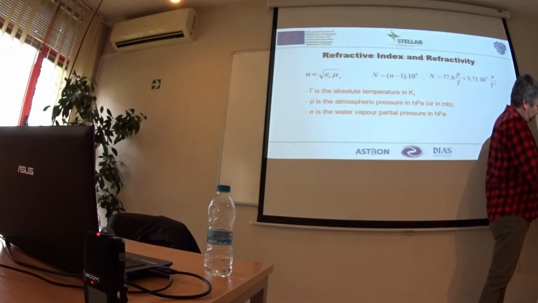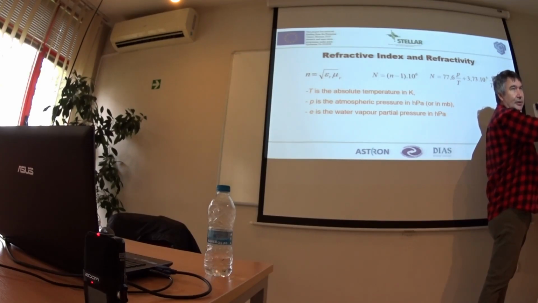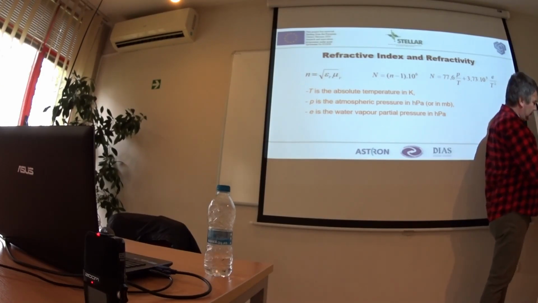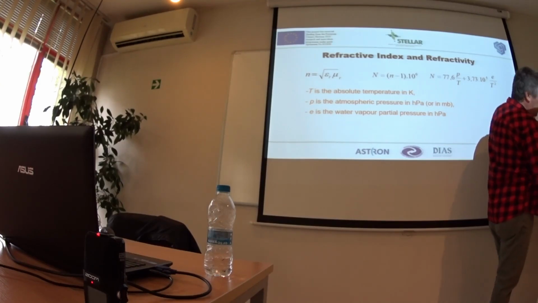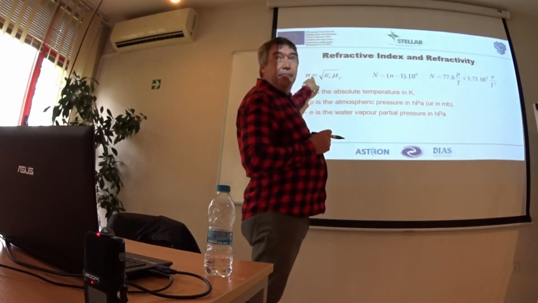Here, the wavefront is higher in the Earth troposphere than there. Phase velocity is equal to the speed of light over the square root of the dielectric constant, over n.